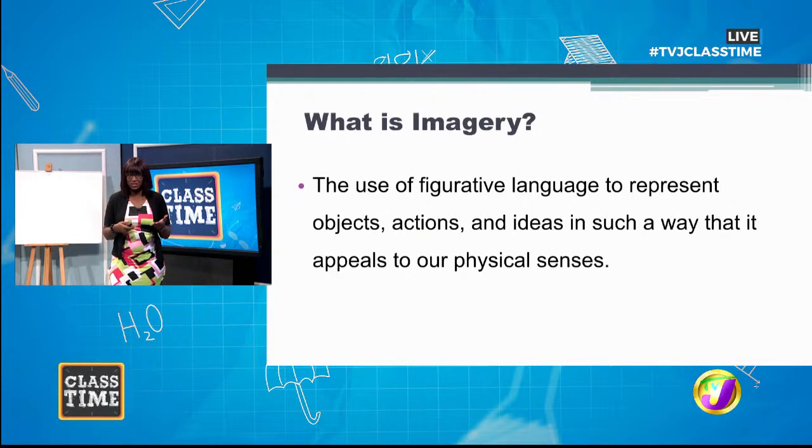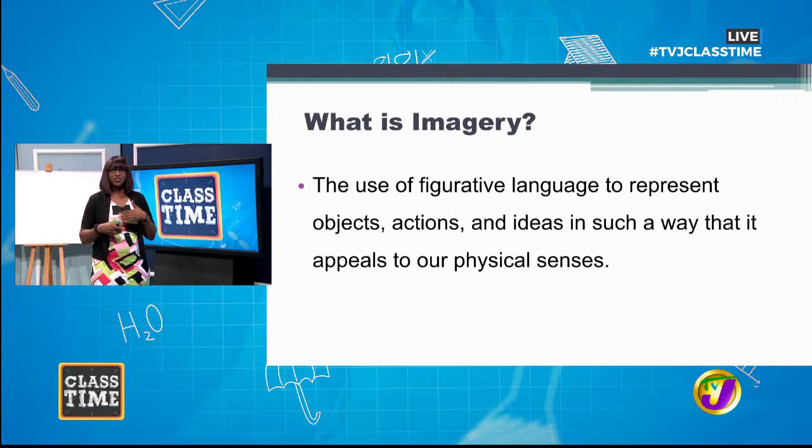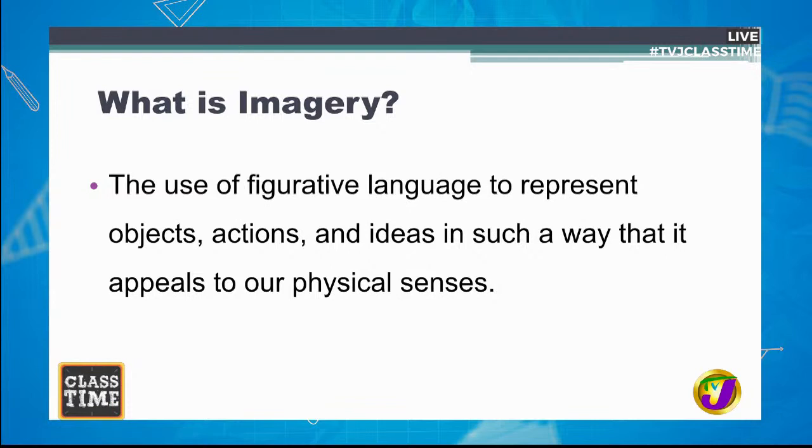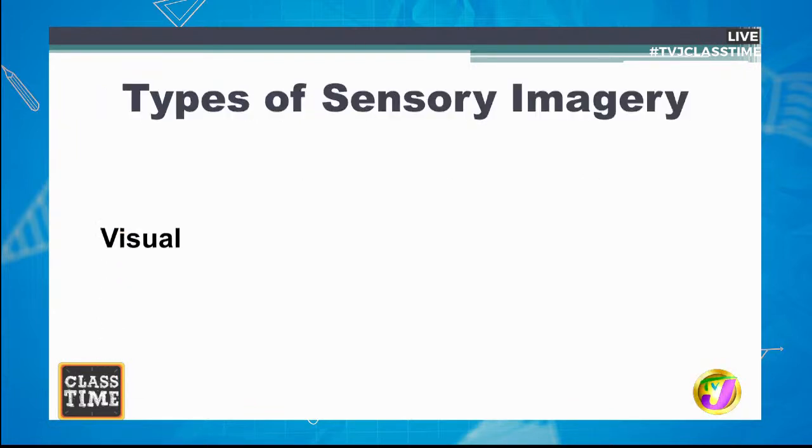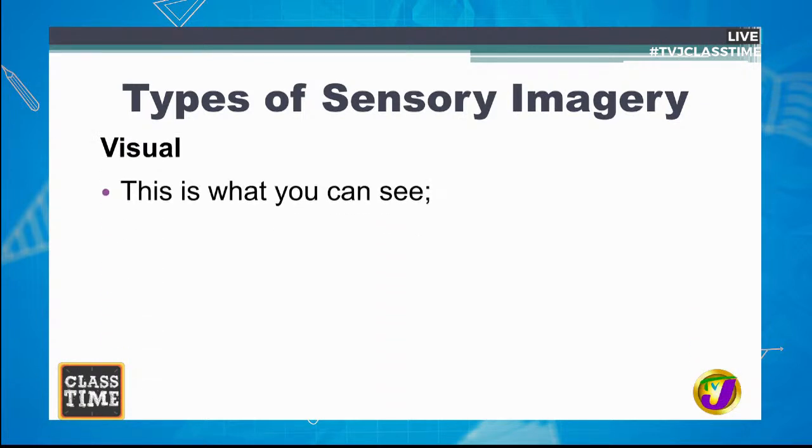So, of course, what is it? Imagery, of course, is figurative language, and it is used to represent objects or actions or ideas. And it does this in a way to appeal to your physical senses. So each of your senses has a specific type of imagery associated with it. So here are the types.